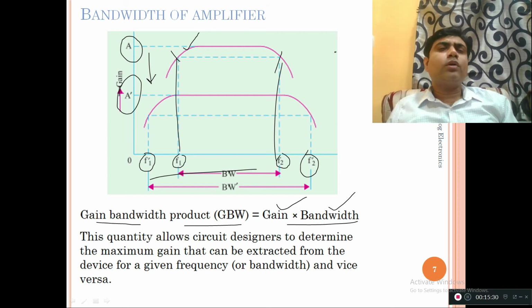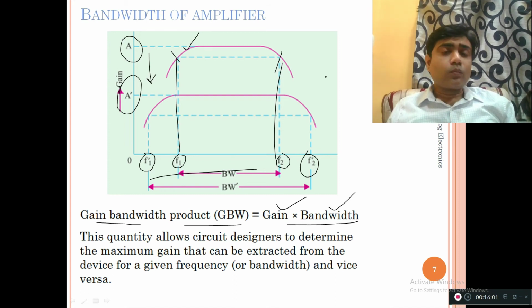That is the 3 dB point, the 3 dB frequency. 3 dB is the power point which tells me that if I design the amplifier in this particular range, that is, from the lower 3 dB value to the higher 3 dB value, this is the lower limit and this is the higher limit, and if I deliberately use this range, then I will have better performance of the gain throughout this band of frequencies.